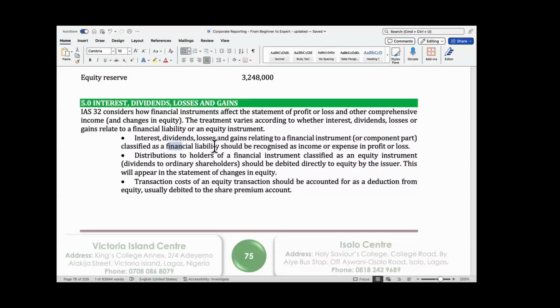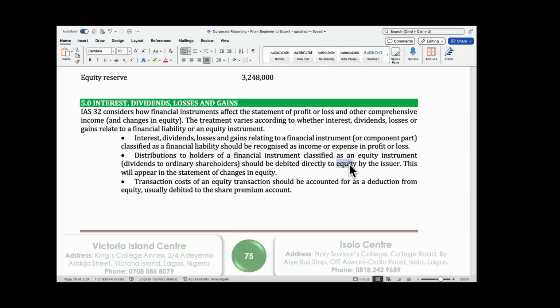But when it comes to returns to equity, like dividend we pay to shareholders, those ones we debit directly to equity. They don't go to P&L. That's why you find that dividends are always recognized in the statement of changes in equity, not P&L.